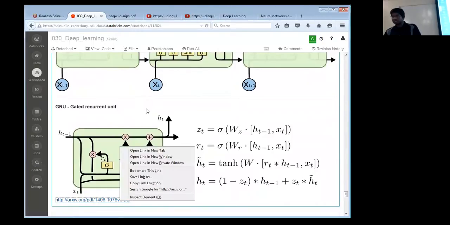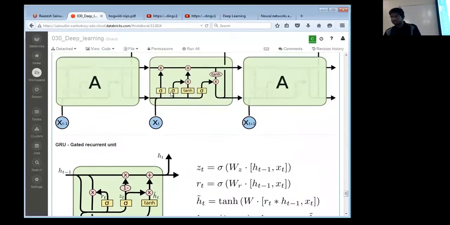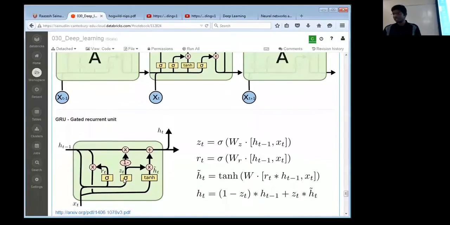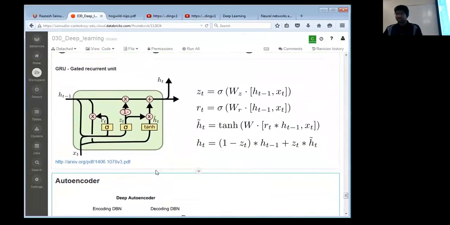The difference between this and this is that this layer here is open. In this, there's nothing open. You always have to go through the sigma. Here one input is open. That's the difference. And with this, they save a lot of memory. I don't know the details, but it's available in this paper.